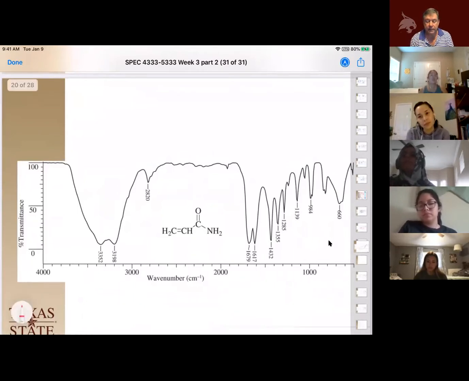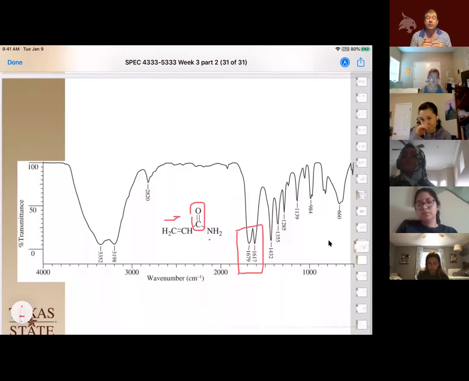The first thing is the carbonyl here is next to this electron donor, which is shifting our peak down here. Okay, because it's in conjugation, we have resonance contributors, meaning we have two peaks in this carbonyl range. Okay, so that's telling us something.